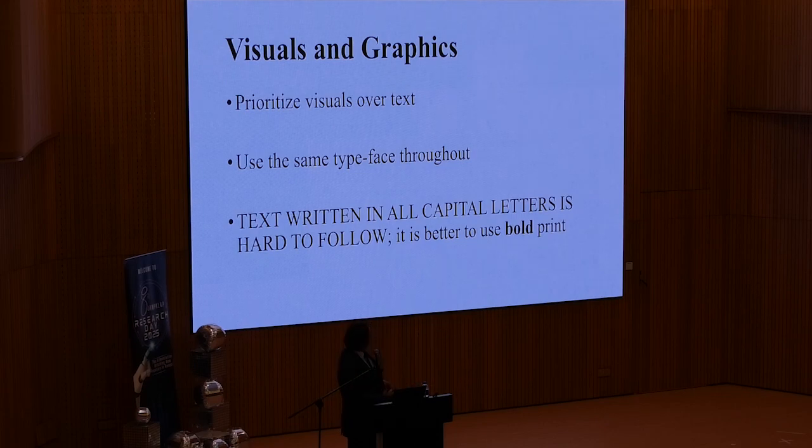Visuals are very, very important, and they are more of a priority when you compare them to text. Text is more important when you do a proper journal write-up. But for presentation, you want to have it as visual. I think you heard this morning from Dr. Tong too. You need to be able to convert the whole journal into one page, isn't it? So all of that comes from visuals rather than write-ups.